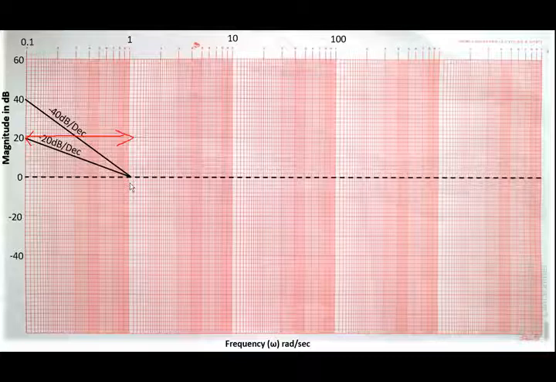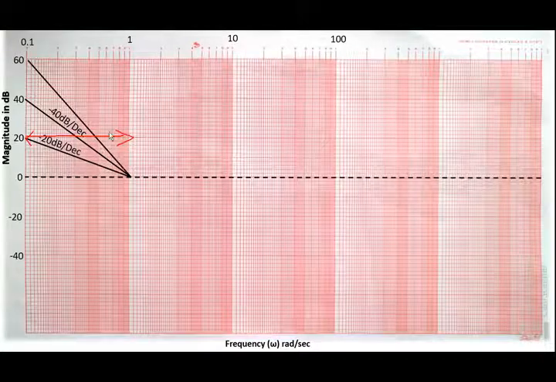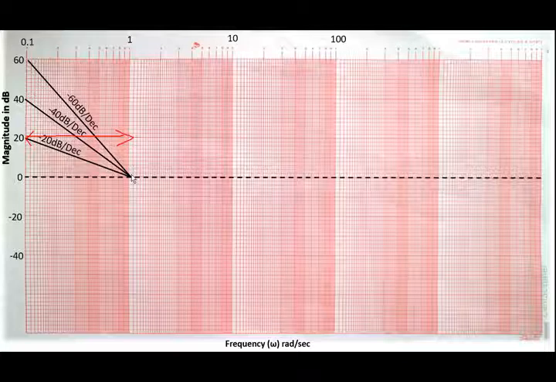So it is decreasing the value from 40 to 0 dB in one decade. So per decade we are considering. And also for 60 dB, the gain is decreasing from 60 dB to 0. This slope is called minus 60 dB per decade, and we can consider the inclination now.